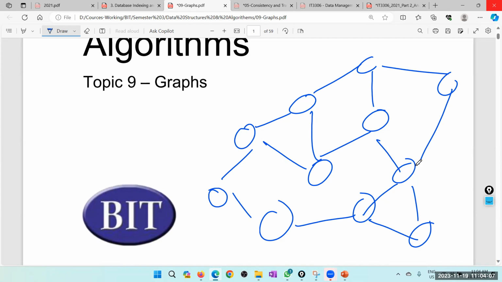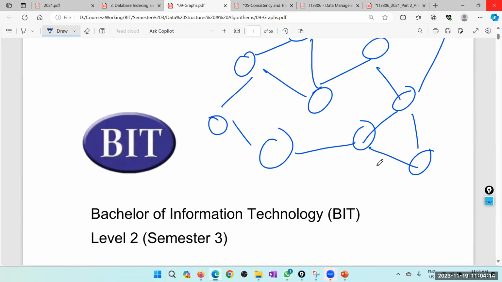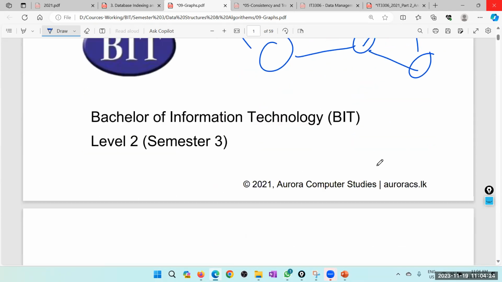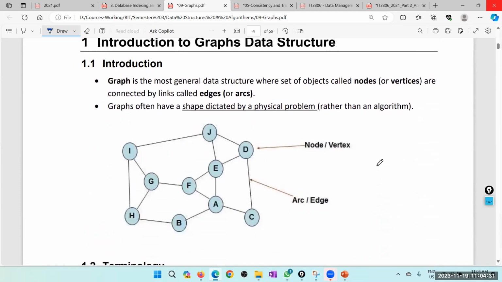No restrictions. Okay. So therefore, in a way, it's more challenging to model and do operations. But it doesn't mean that it is impossible. There are ways to model it and do it. Okay. Right. So first look at the terminology, and then we'll look at how to model it, and then some operations.